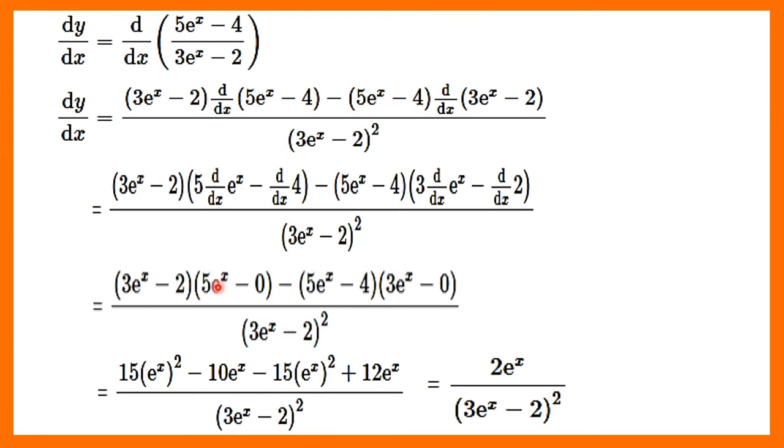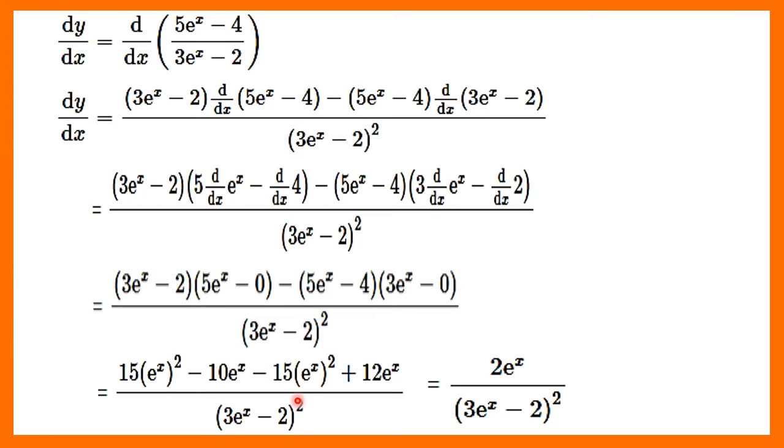That is, we will open these brackets by multiplying the first bracket with the 5 into e raised to x, that is 3 into 5, 15 e raised to x the whole square, minus 2 into 5 e raised to x, that is 10 into e raised to x, minus 5 e raised to x into 3 e raised to x is 15 e raised to x the whole square, and minus of minus plus 4 into 3 e raised to x is 12 e raised to x, divided by 3 into e raised to x minus 2 the whole square.